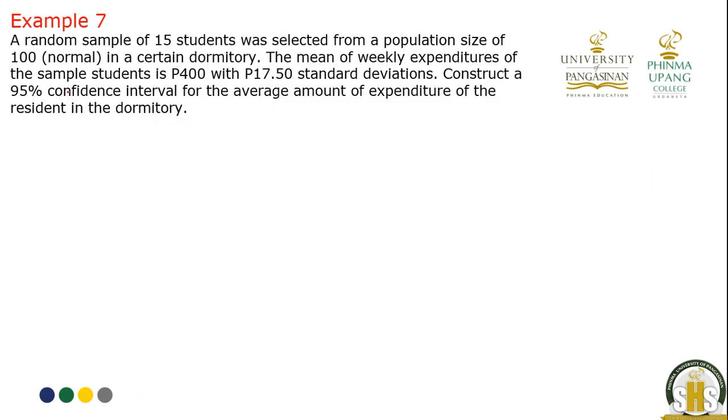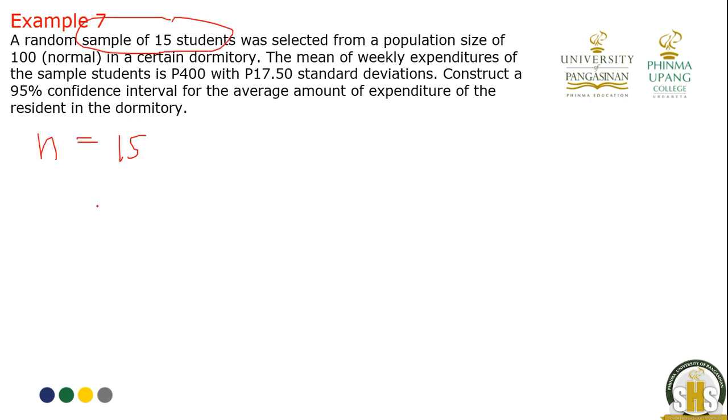Next, a random sample of 15 students was selected from a population size of 100 normal in a certain dormitory. The mean of weekly expenditures of the sample students is 400 pesos with 17.50 standard deviations. Construct a 95% confidence interval for the average amount of the expenditure of the resident in the dormitory. So here po, our N is 15.